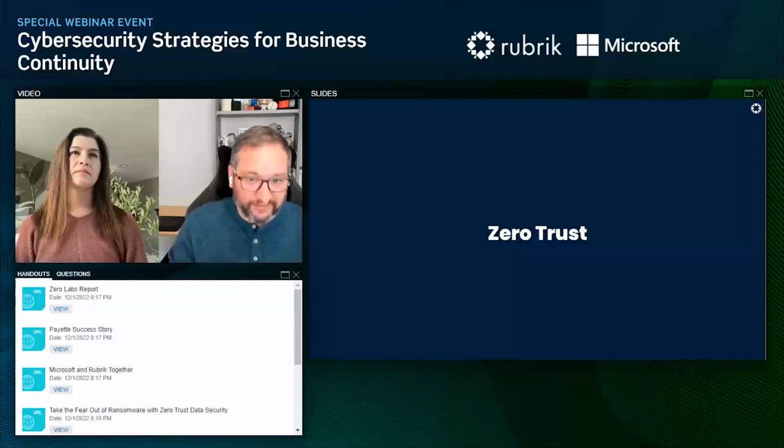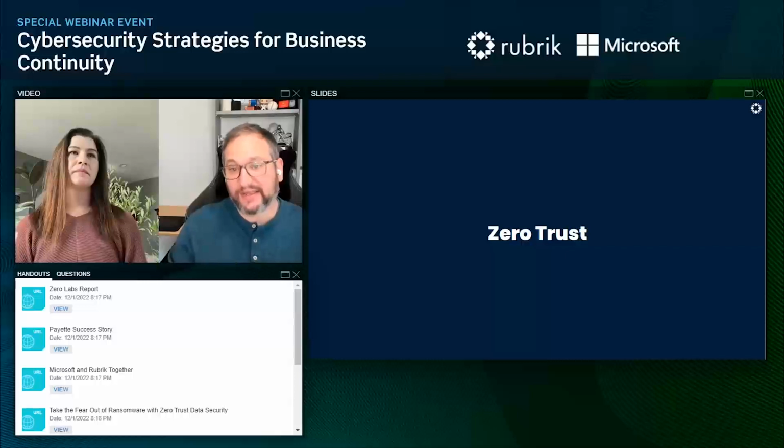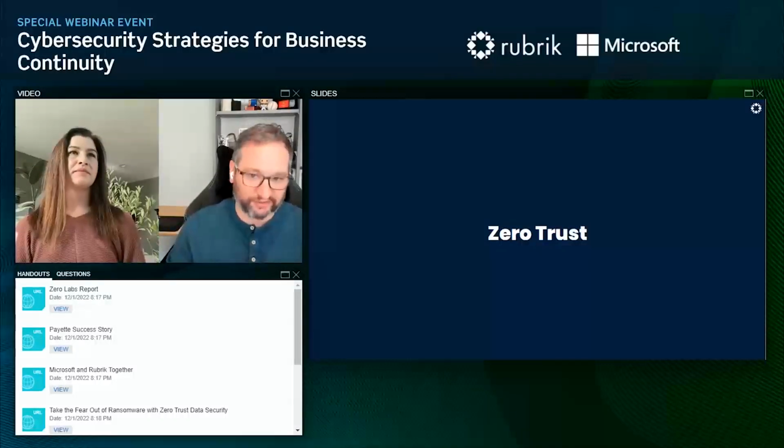You're identifying threats and risks, being able to classify your data, knowing where important or critical data or sensitive data lies. If you're a credit card processor and you're bound by things like PCI, then you have data classification policies in place. And so knowing where that data is and having specific policies around that data is super helpful and part of that zero trust framework.